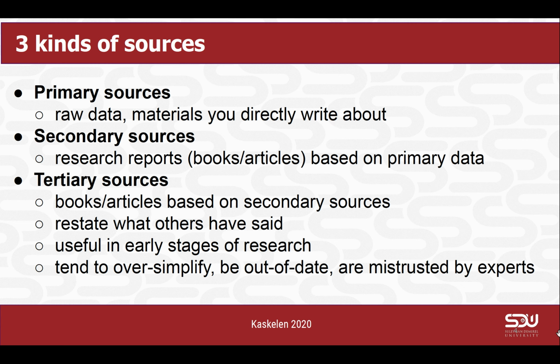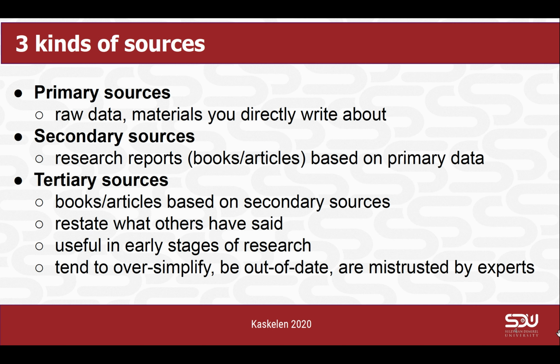They analyze that and write up empirical results. Okay, there are also tertiary sources. This is the third kind of sources, and those logically, you can guess, are books and articles based on secondary sources. Okay, so they usually repeat, they kind of restate, summarize what others have researched and found, okay?